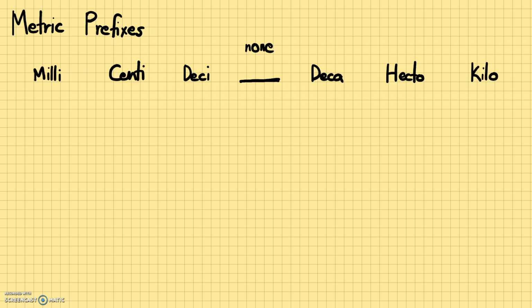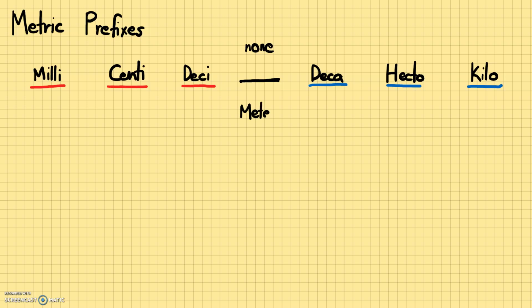Okay, so I'm going to underline the smaller ones with red. So these are smaller ones. And the bigger ones with blue. These are the bigger ones. Okay, and let me go over the more common ones that you might already know. You might already know milli. And actually all of these prefixes are used with these 3 units.